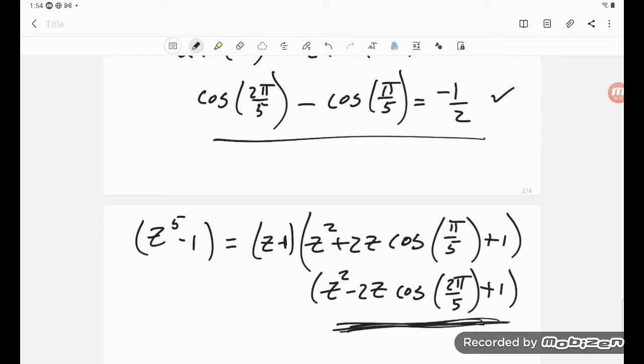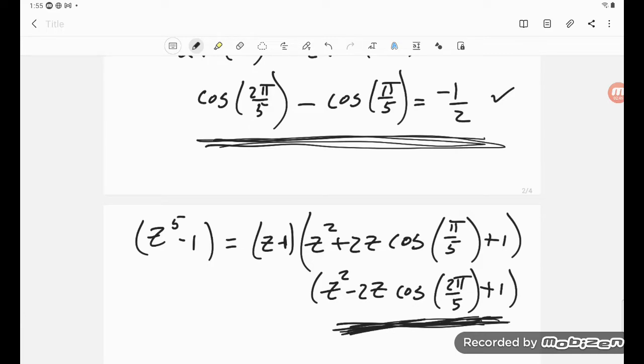So it's kind of obvious that the z to the fourth term is fine and the 1 term is fine when I multiply them together. I'll get a z to the fourth and I'll get a 1. But then the z cubed, the z squared, and the z terms all have these cosines in them. But if this is true, the z cubed and the z take care of themselves.